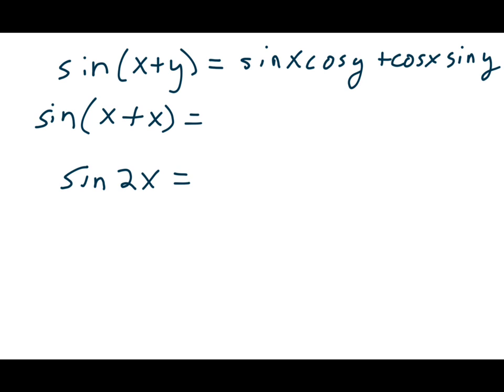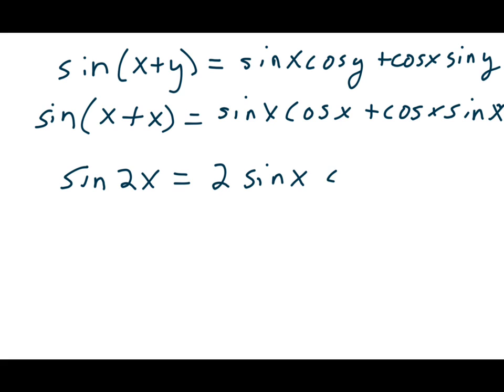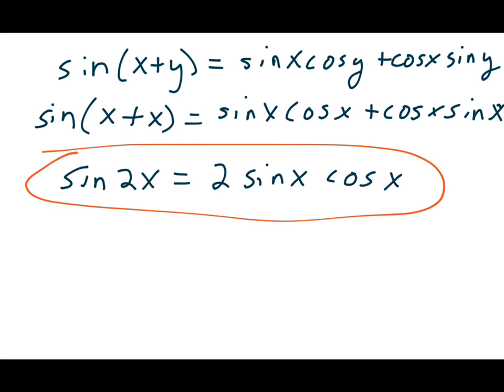This gives me sine of x cosine of x plus cosine of x sine of x, which gives me 2 sine of x cosine of x. Same thing. So there is my double angle formula for sine.